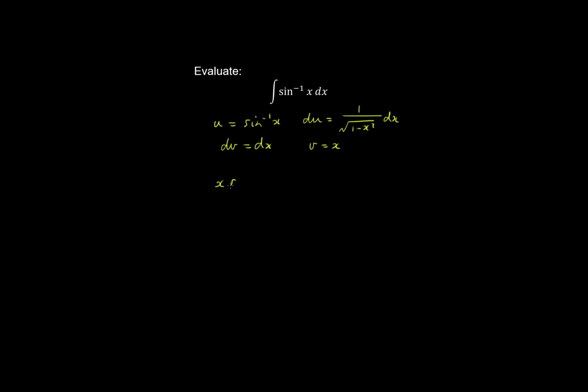So we multiply u by v, which is x times arcsine of x, minus the integral of v multiplied by du, so that'll be x over the square root of 1 minus x squared dx. And now you can evaluate this second integral here by u-substitution and post your answer in the comments.